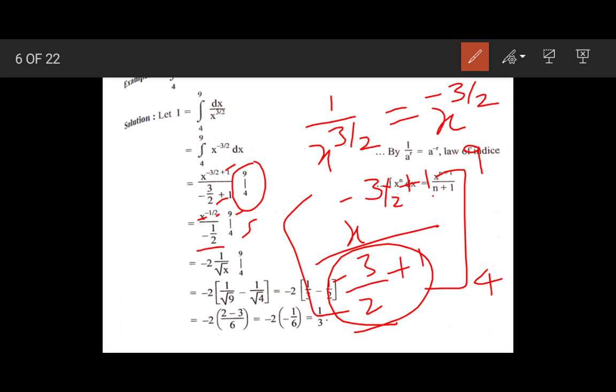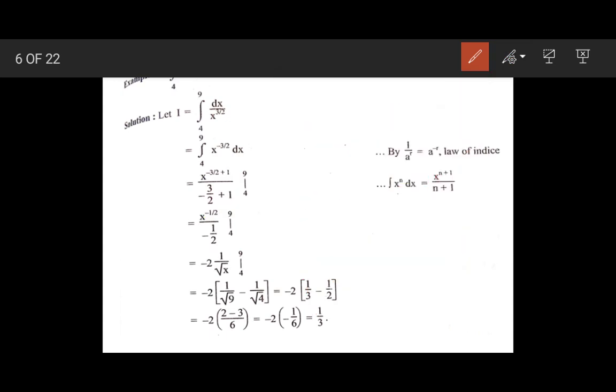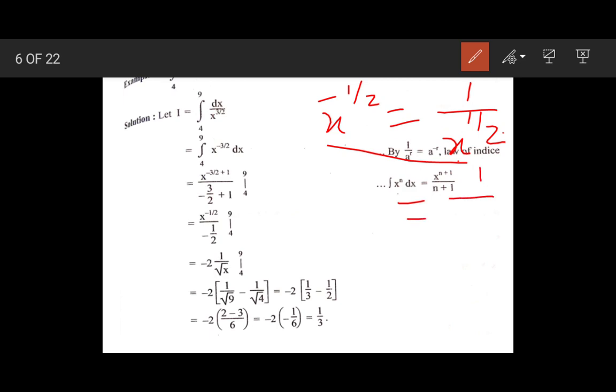Now x raised to minus half can be written as 1 upon x raised to half by the law of indices. And x raised to half can be written as root of x.